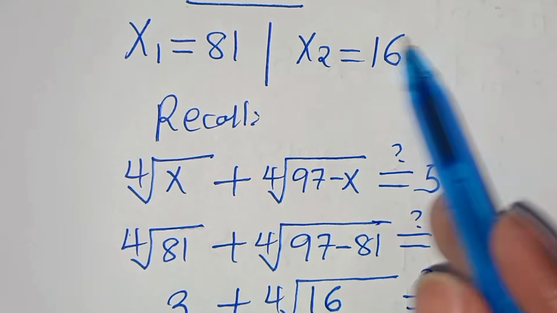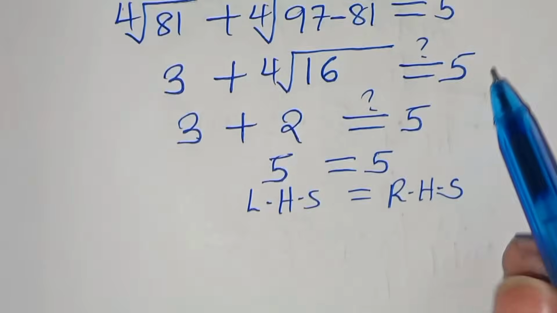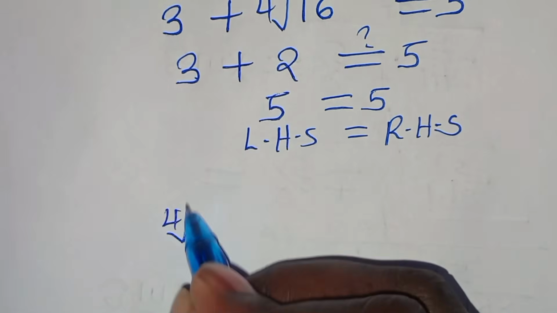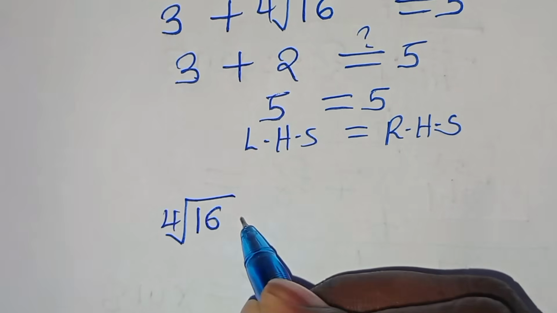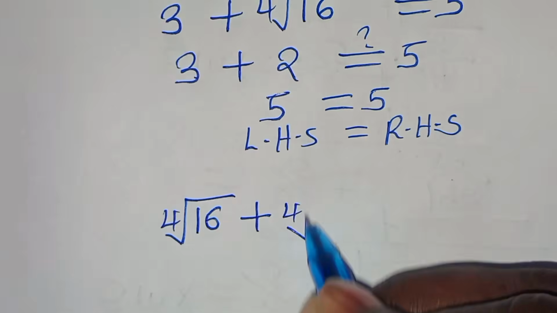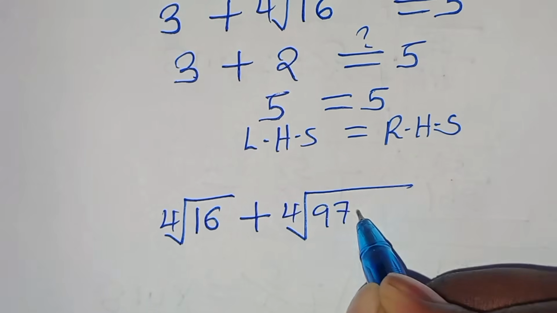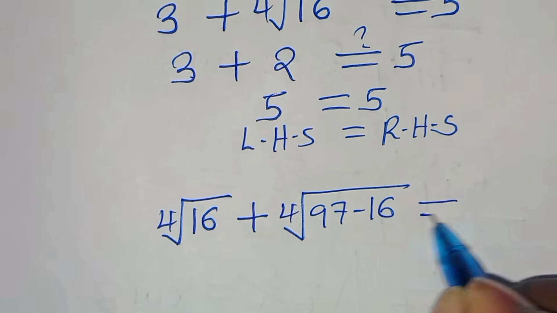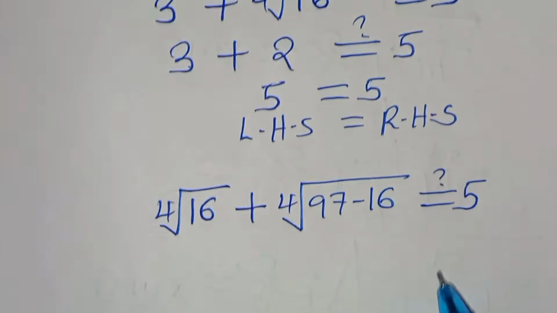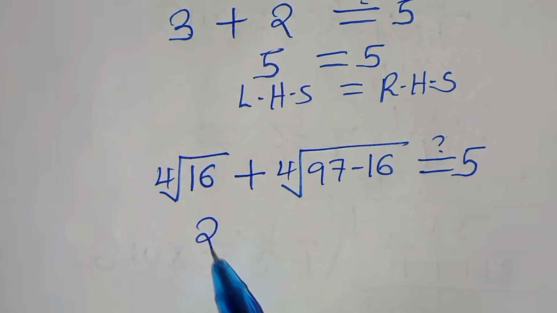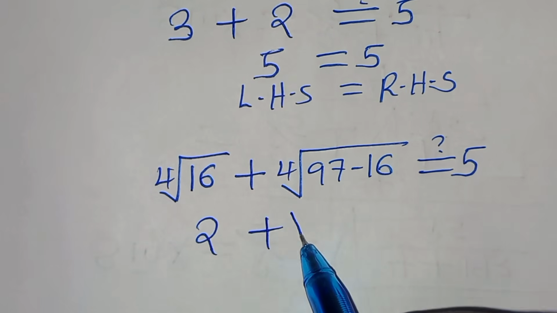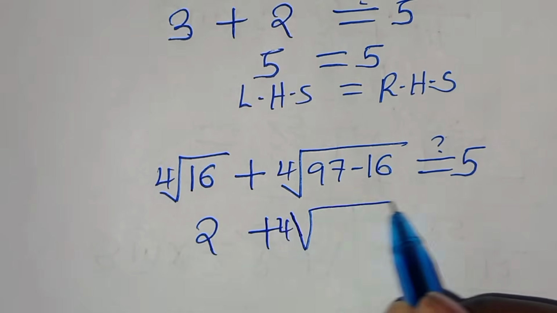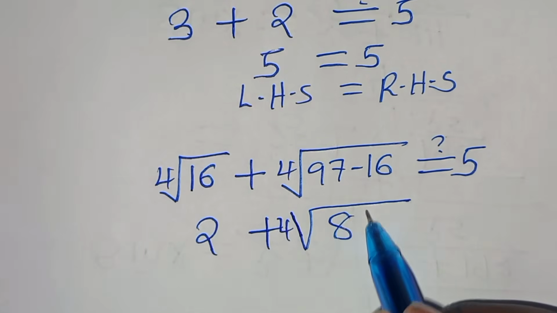Let's check x2, which is 16. Again, we have the fourth root of 16 plus the fourth root of 97 minus 16. This should give us a value of 5. The fourth root of 16 is 2, plus the fourth root of 97 minus 16, which is 81.